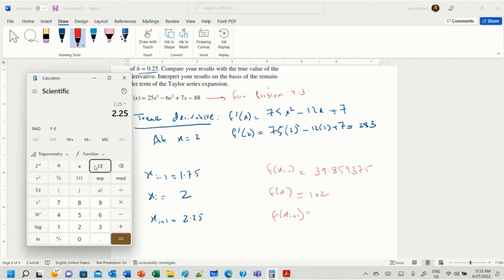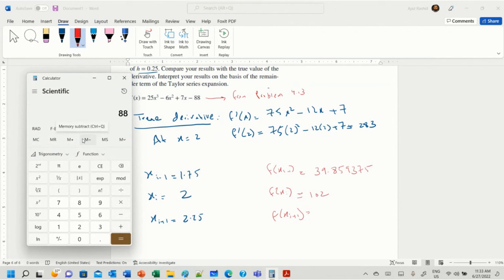So 2.25 to the power 3 multiplied by 25. That's add to the memory. 2.25 squared multiplied by 6. That's subtract from the memory. 7 multiplied by 2.25. Add to the memory. 88.